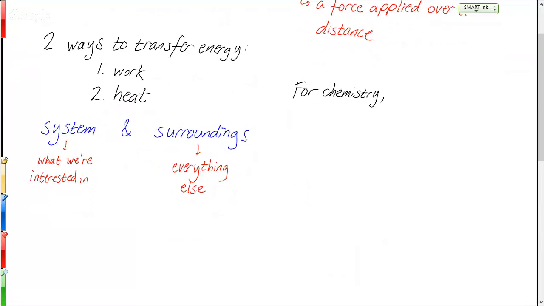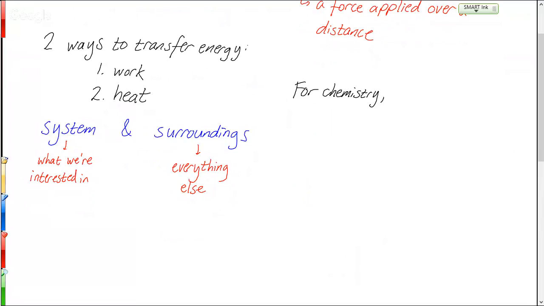What do you think, in a chemical reaction, what do we define as the system? If you were to guess. So you're doing a chemical reaction, you want to know which direction the energy is traveling. What do you think we define as the system? The reactants. The reactants, right.